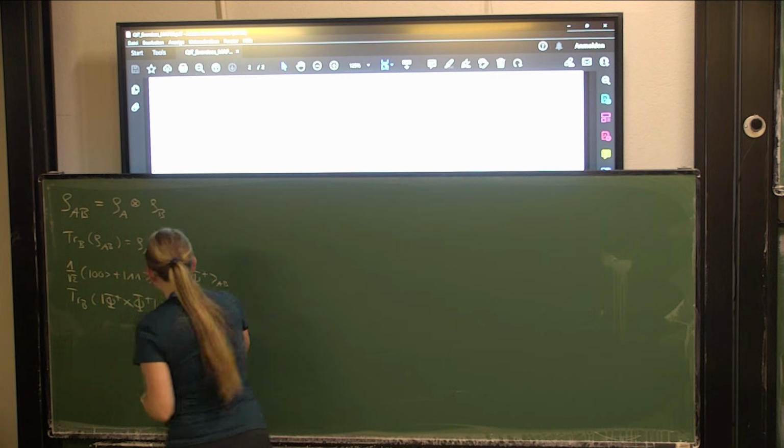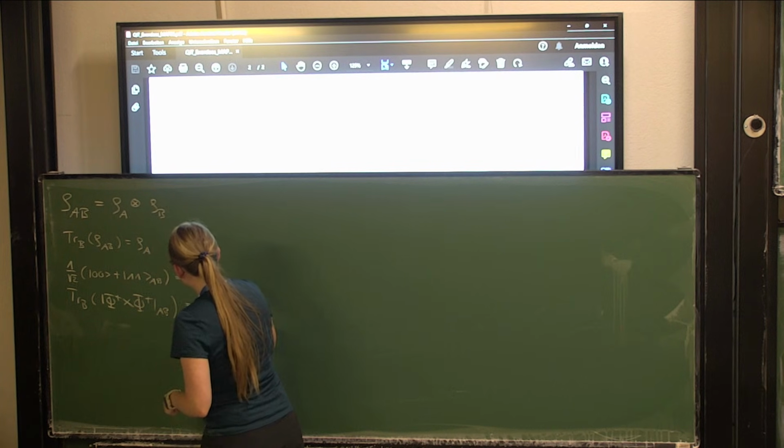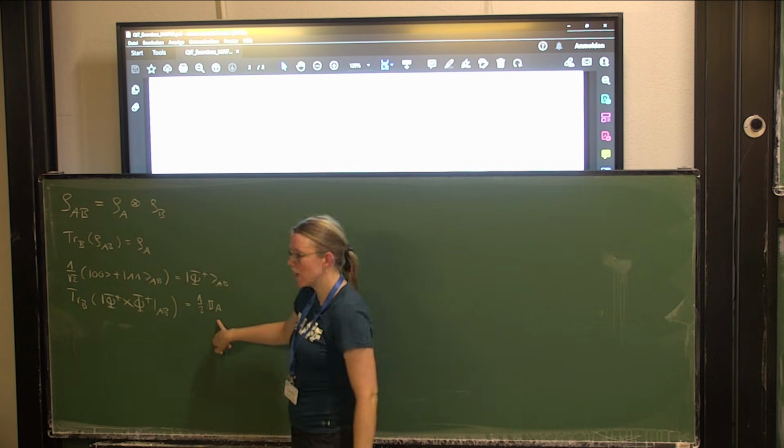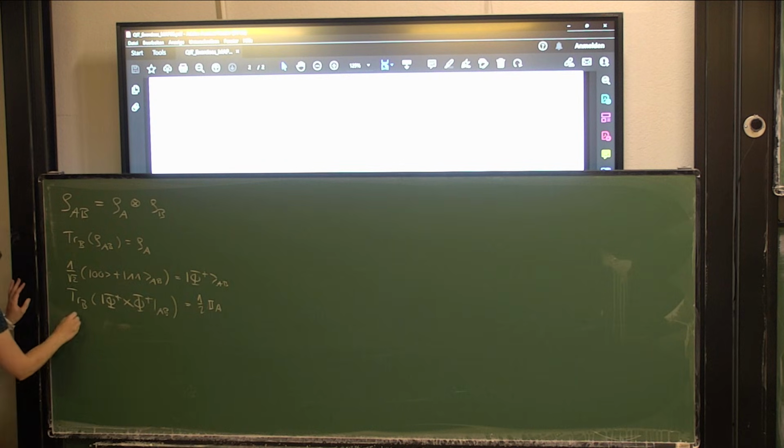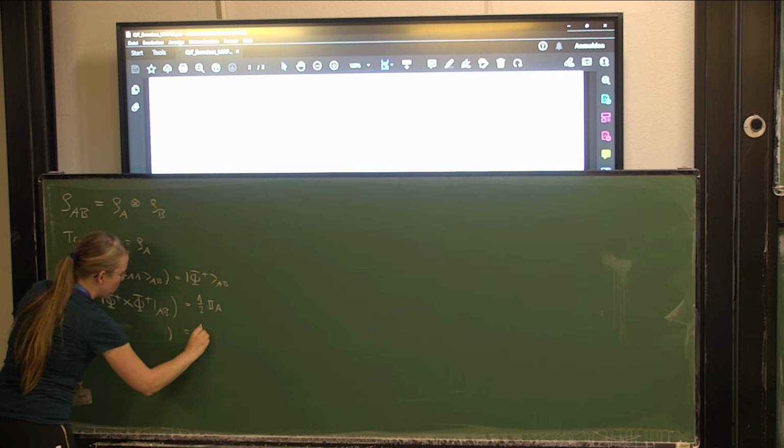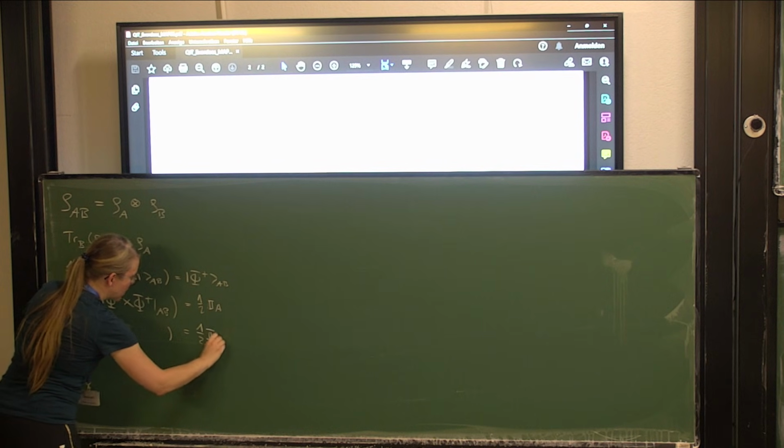What you will see is 1/2 times the identity on Alice's side. And if you do the same thing, take the trace over Alice of this state, you will see Bob also gets the identity.